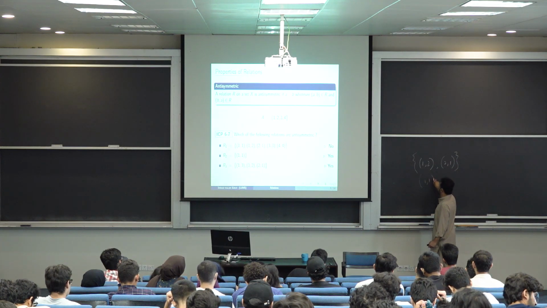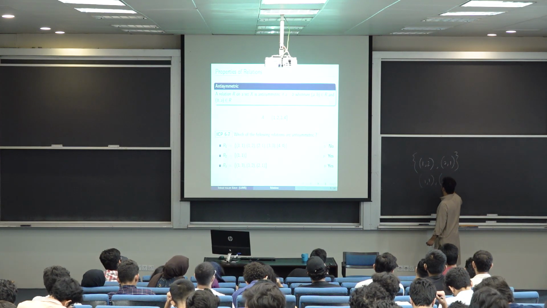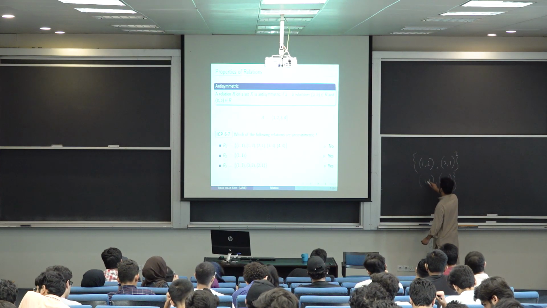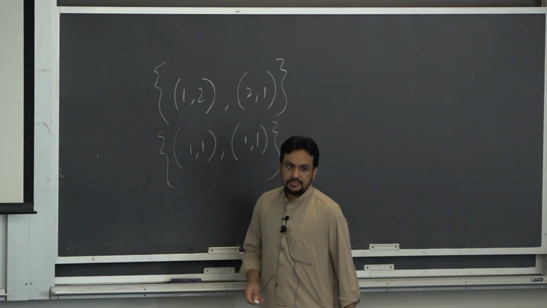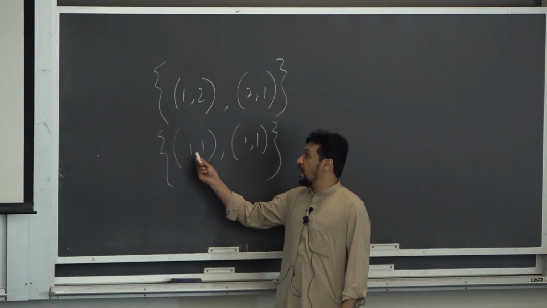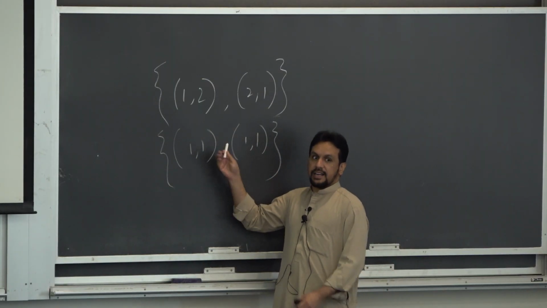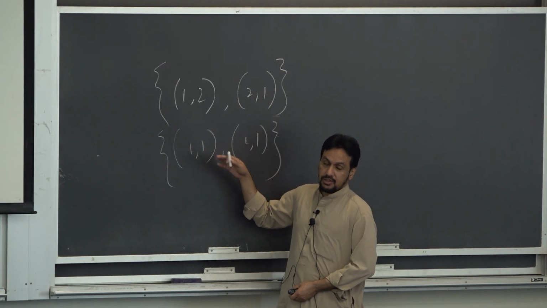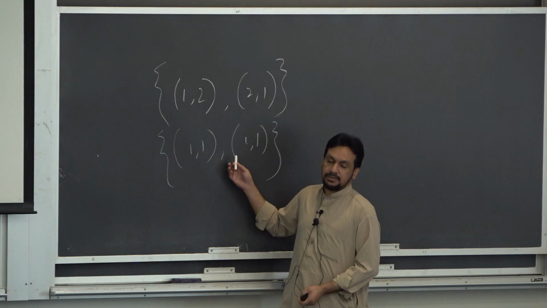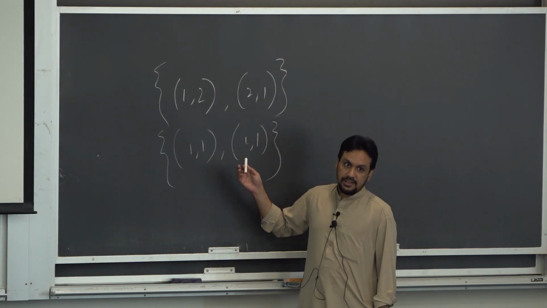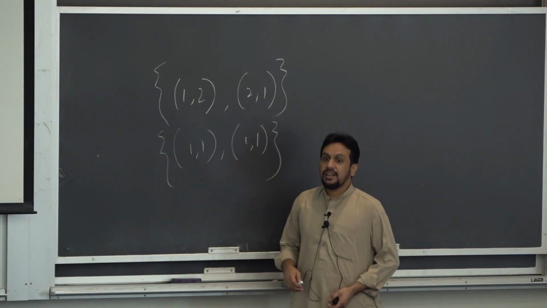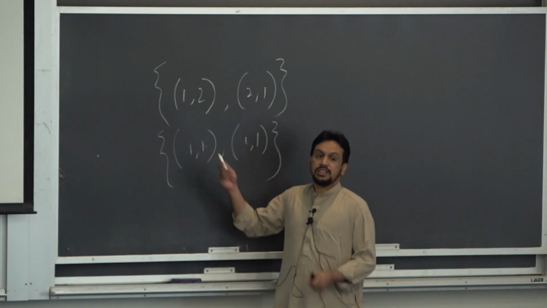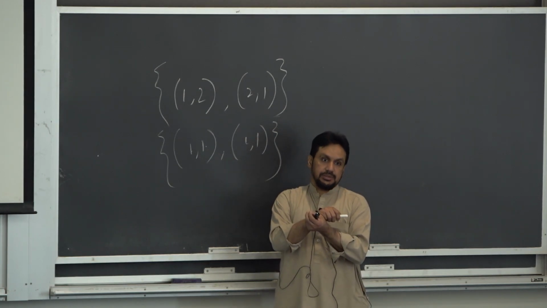There is 1, 1. Look, 1, 1 is there in this direction, let's say left to right, and this 1, 1 is also there in the right direction. So how come this is not antisymmetric? We count it as one, plus it is allowed for equal things to be related in both directions.